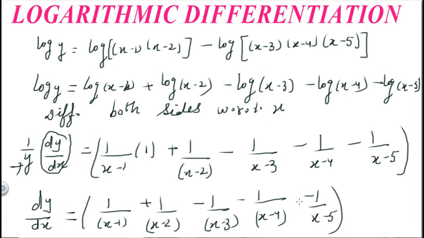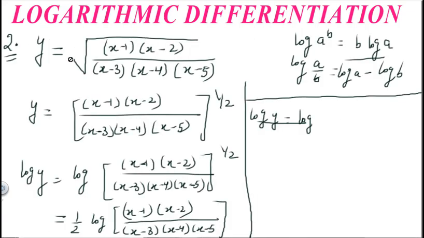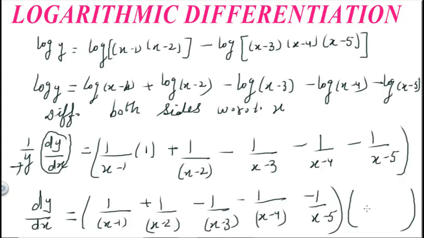Now, what do we have in y? Instead of y, we had the complete function, as I can show you from the starting. y was equal to this. This is the value that you have to place in the place of y. Here you will be placing the function which was given to you. Clear? So I can also write here what was the function?